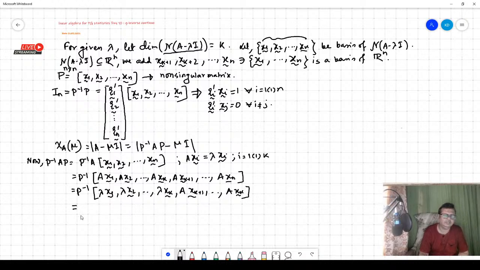So this is equal to, again, P inverse is xi1, xi2, ..., xik. So it's equal to lambda I_k.